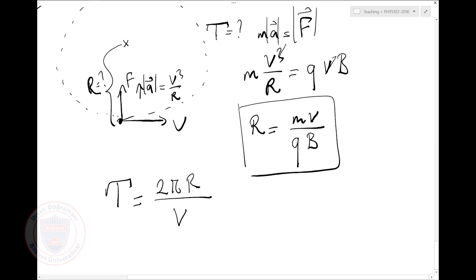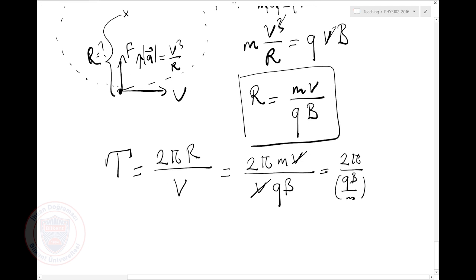My velocity is v, so it's going to be 2 pi m v divided by v q B. v is cancelled. So it's going to be 2 pi over qB over m. Wow. It's kind of strange. It doesn't depend on the velocity.